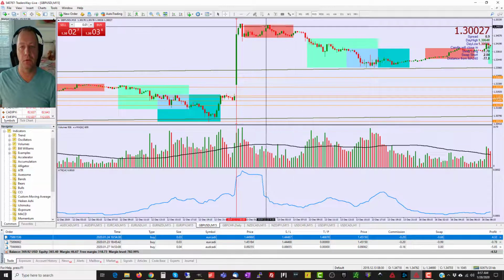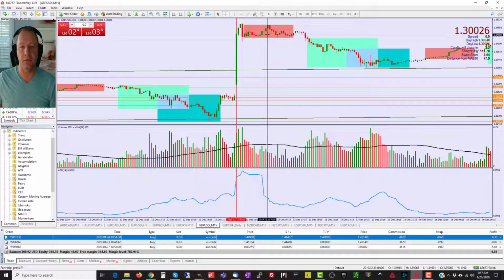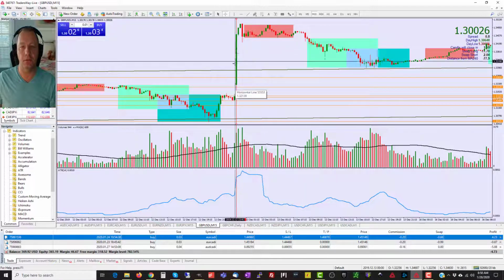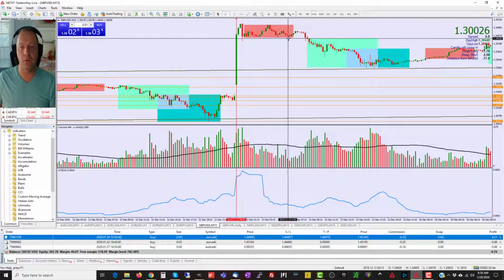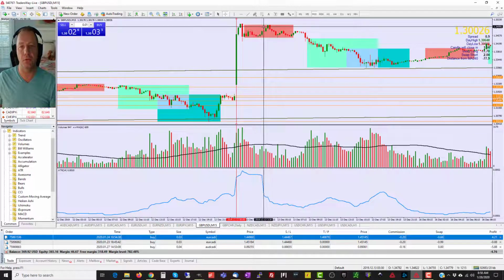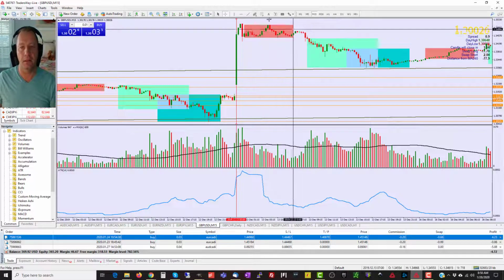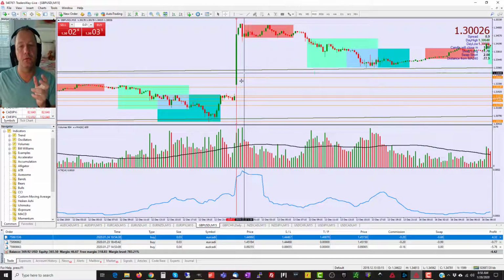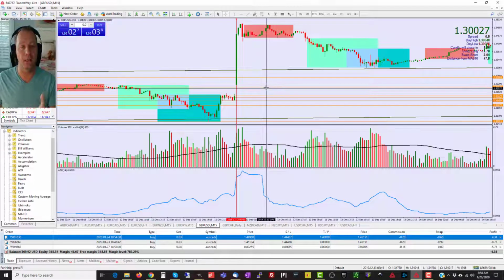Someone's agreeing that the setup here is good for short, right? Because we exhausted the move here. So that was distribution, and then there's nothing left here. Apart from the ones that now saw this candle and said, holy cow, I gotta get in.